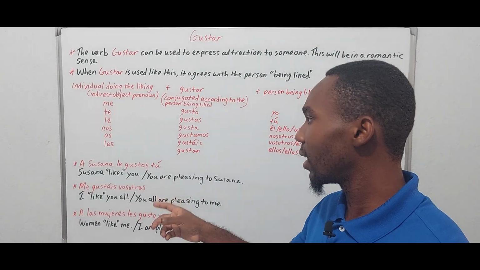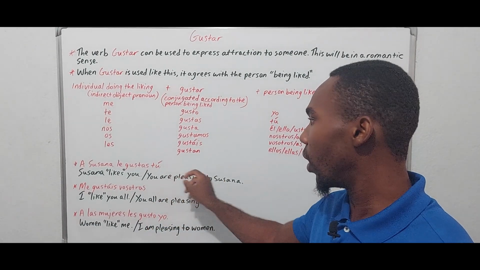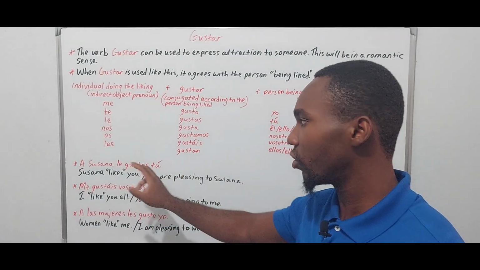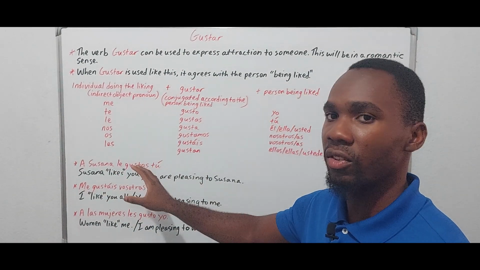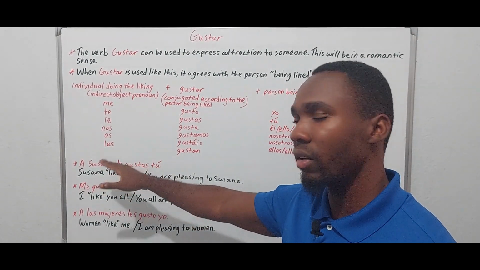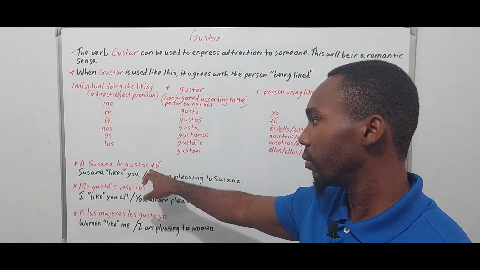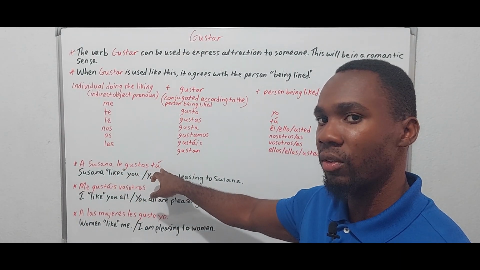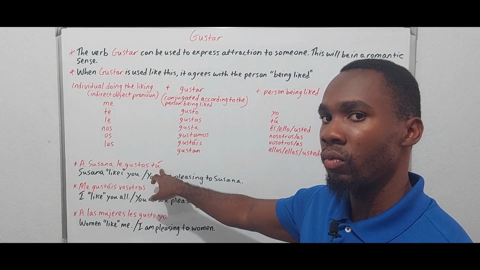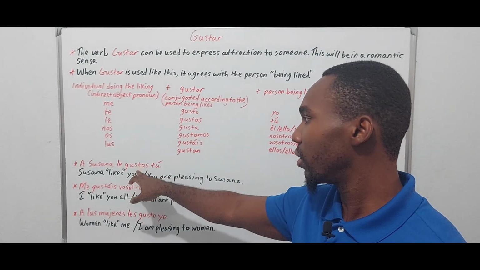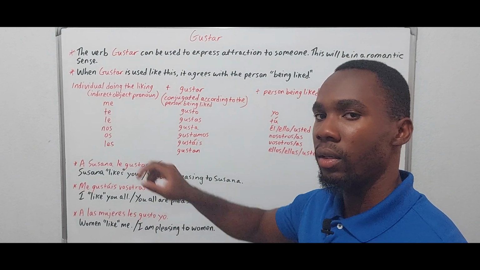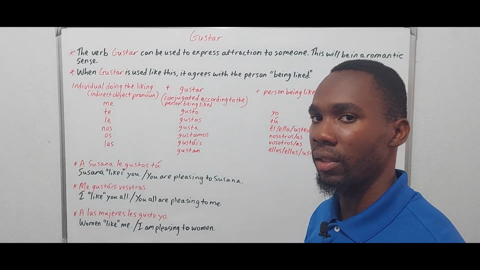So Susana likes you, or you are pleasing to Susana. So you see the structure: a Susana, that's the prepositional phrase; le, because this is the third person singular; gustas, because tú, that's the person being liked. So gustar agrees with the person being liked, which is tú.